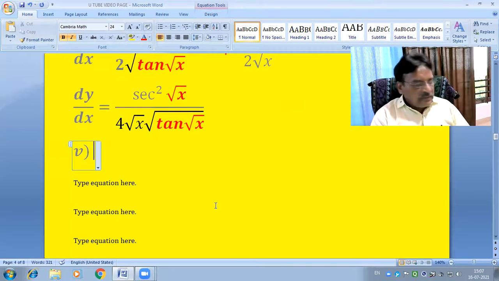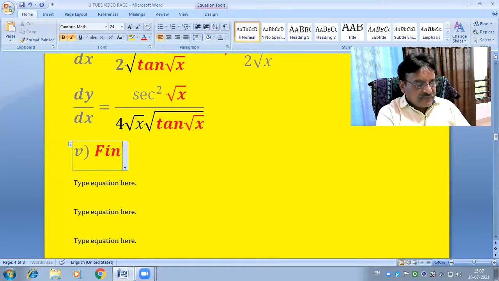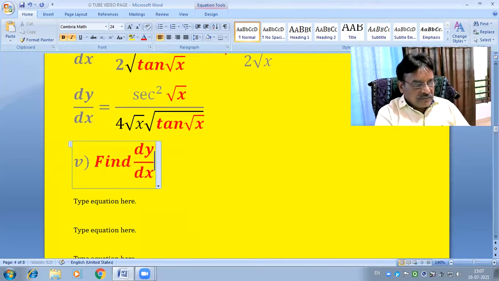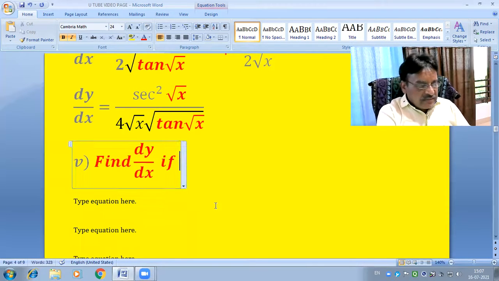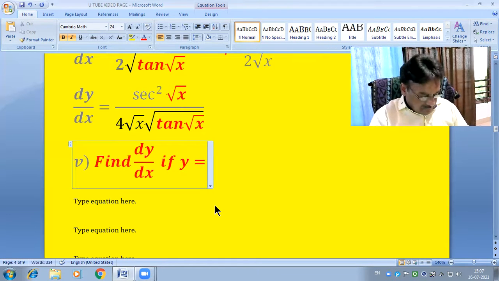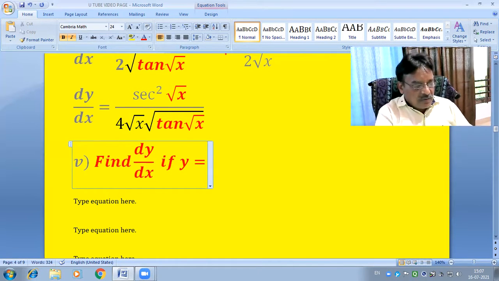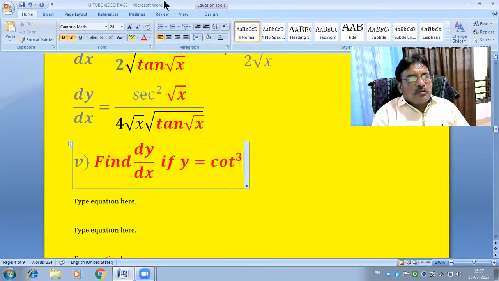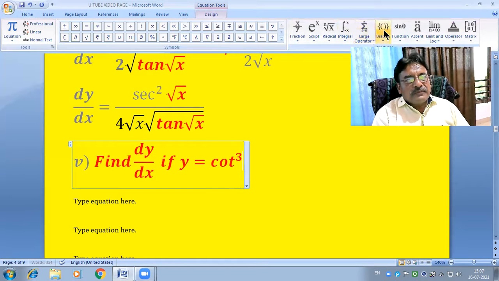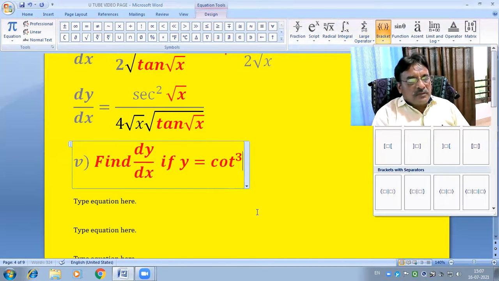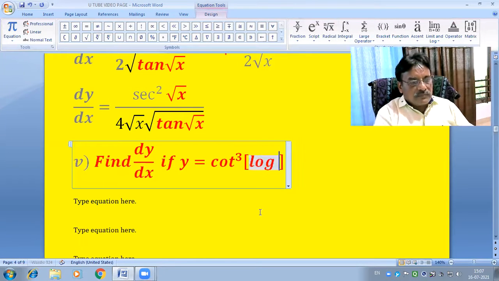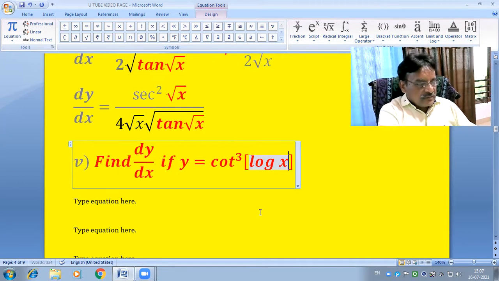Find dy by dx if y is equal to the given function, cube root of log of x cube.